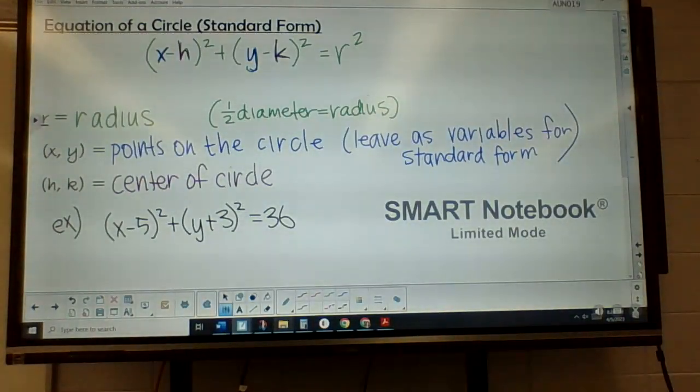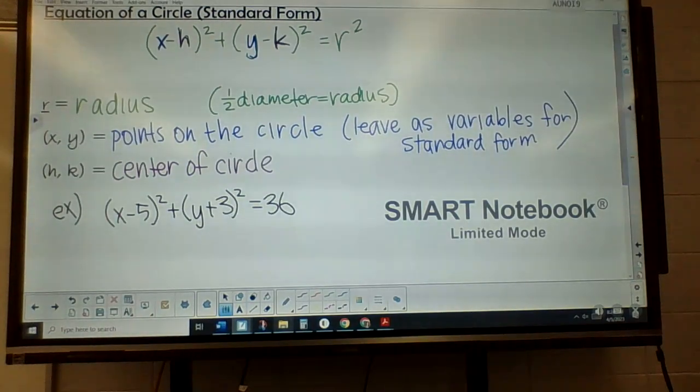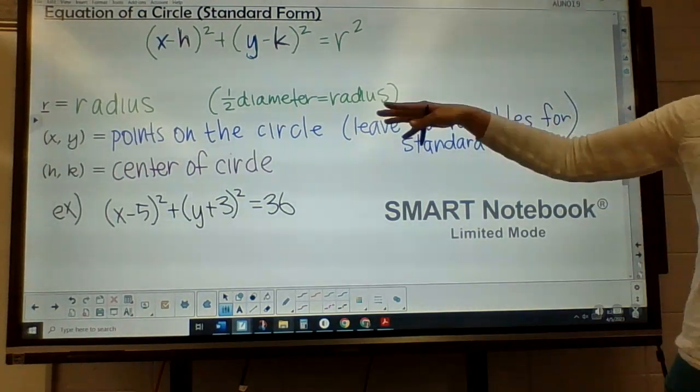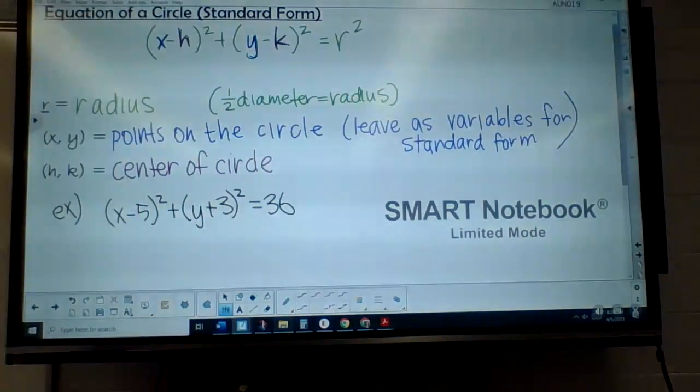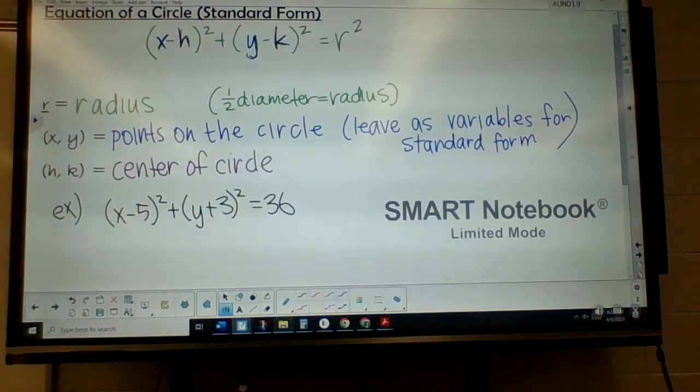We're going to talk about those important parts of our circle. If we wanted to graph this circle, what would we know about it already?